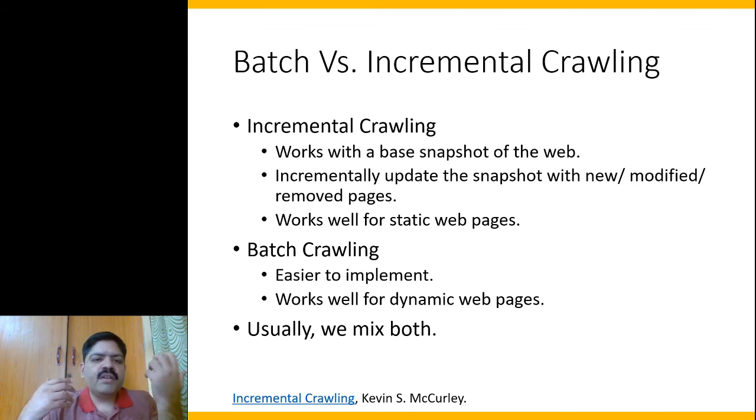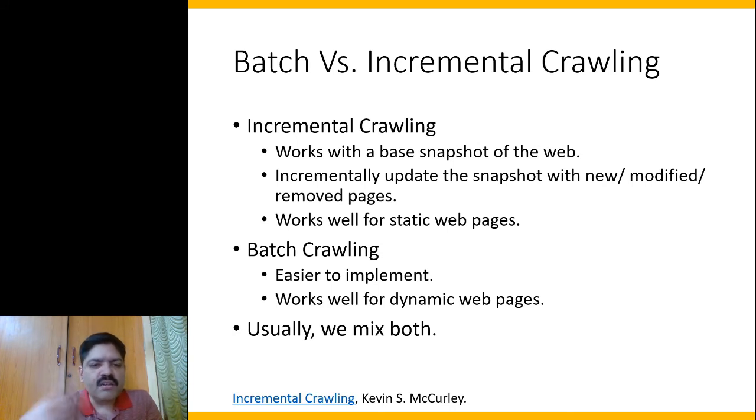What we mean by incremental crawling is you first do a full crawl and get a snapshot, and in every incremental iteration you just update your past crawl. You either add some pages or update some pages, or if some pages are no more there, then you just remove those pages. Now this could be a little more cost effective than doing a full crawl.